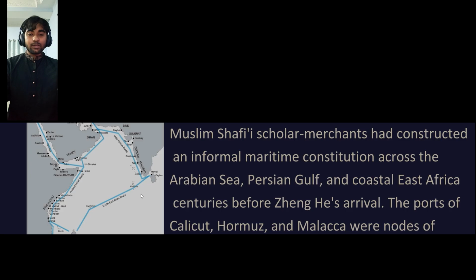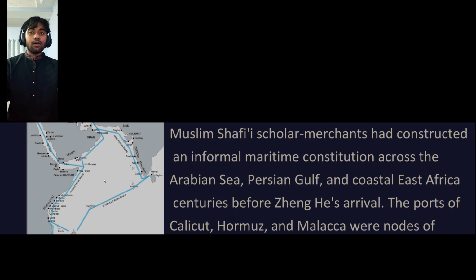Now, why is this important? Because it was a time when there were no international laws, and Muslim scholars and merchants created something close to an informal legal system governing trade. It regulated contracts, port authority obligations, profit sharing, and treatment of foreign merchants.